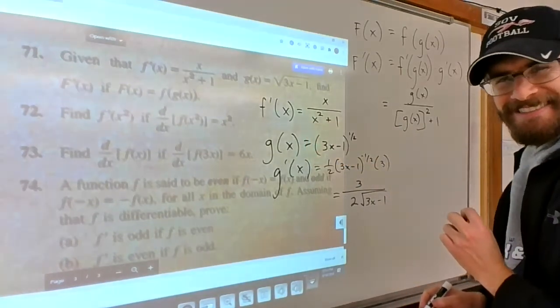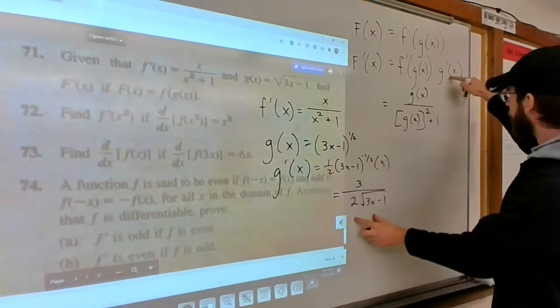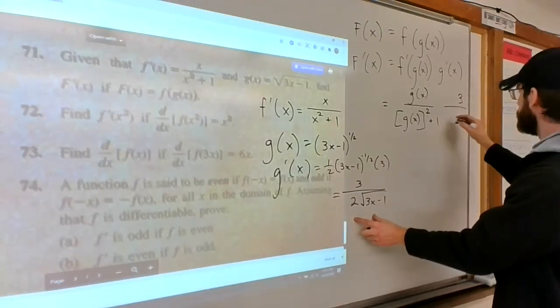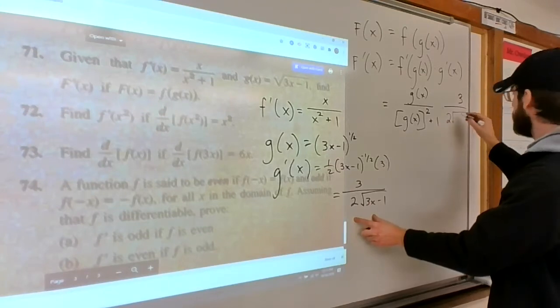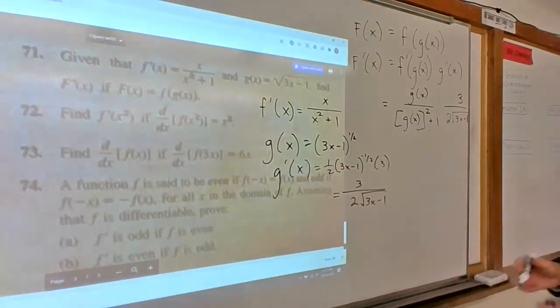Hopefully that makes sense. Then you're multiplying by g prime, which is 3 over 2 root 3x minus 1. Because that's what g prime equals.